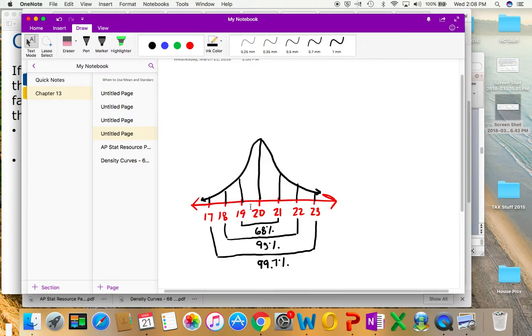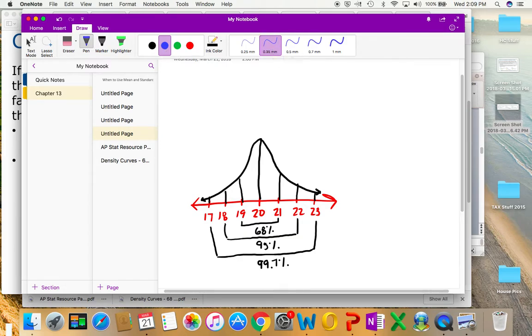This is 68% from 19 to 21. So if I divide that in half, what percentage is going to fall between 19 and 20? Well, 68 divided by 2 gives me 34%. I'm going to write these percentages in blue so we don't get mixed up.